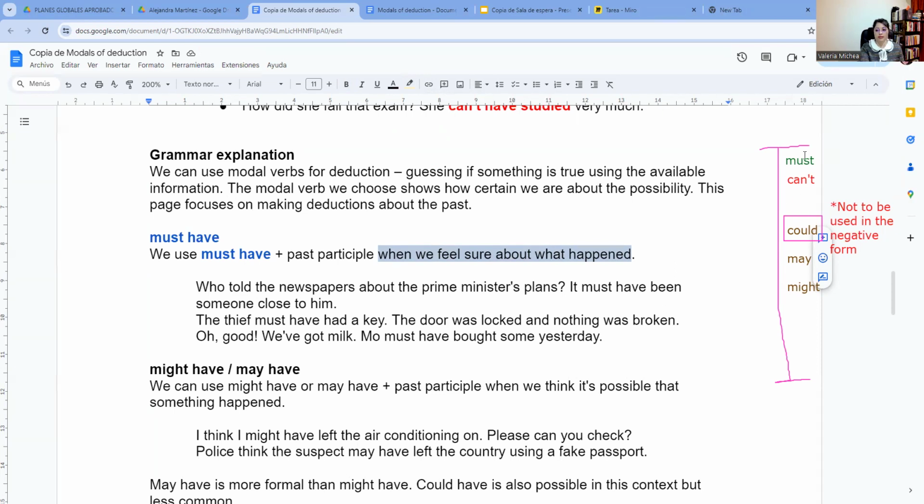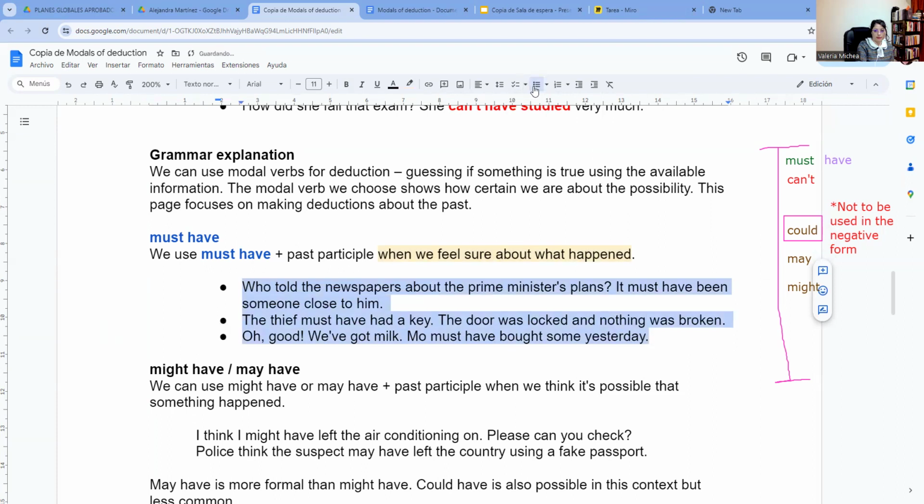So must have remains at the top. Let me write it so we can remember that whether it is must or must have is the same. And let's see some examples.